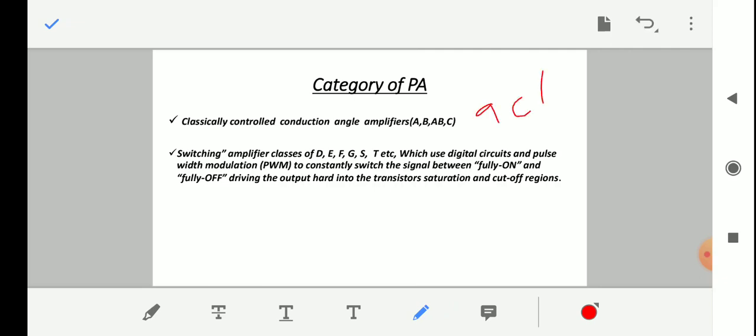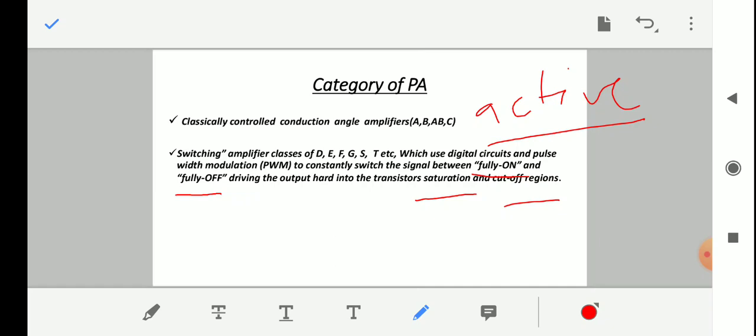Only the active region is used for the amplifying action, whereas in switching amplifiers the transistors are either fully on or fully off. So you can say that in switching amplifiers the transistor operates either in the saturation or in the cutoff region. So there are two categories of power amplifiers: classically controlled conduction angle amplifiers and switching amplifiers.